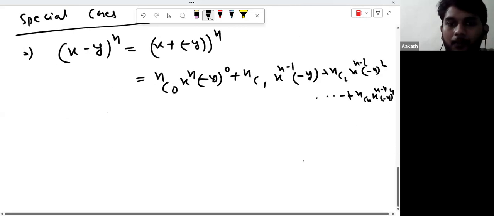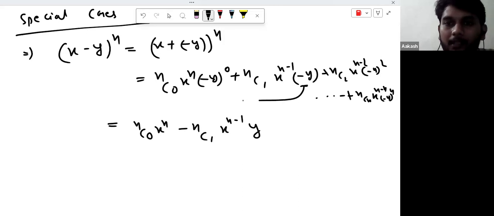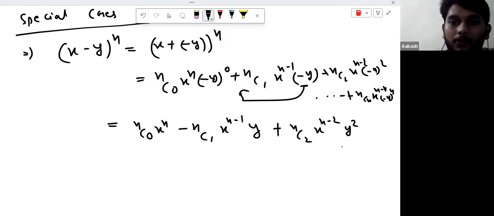Okay, so we can simplify this and say this is nc0 x to the power n minus nc1 x to the power n minus 1. Why? Because this negative can come outside, and plus nc2 x to the power n minus 2 and y square, because minus y square is positive, and so on.